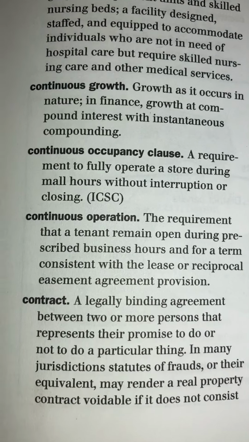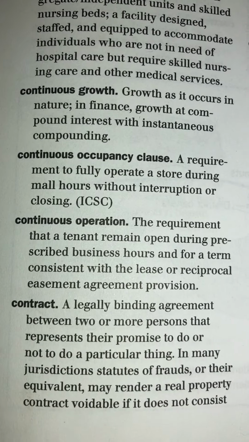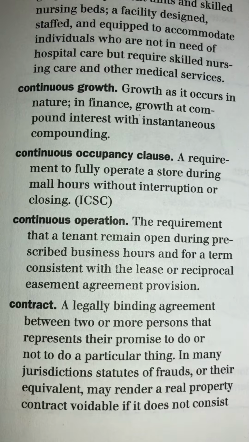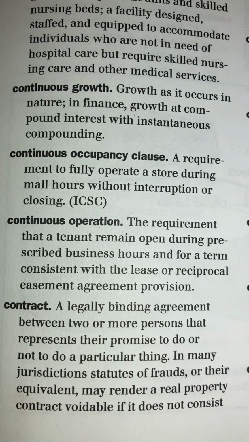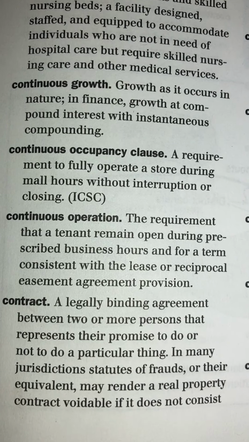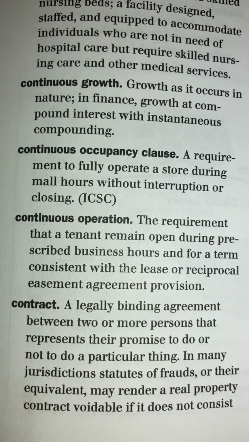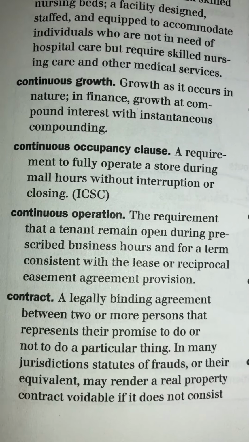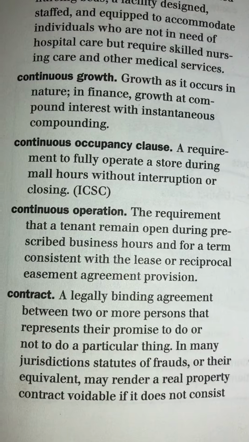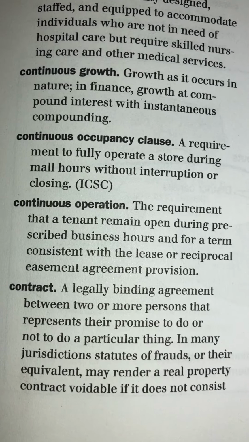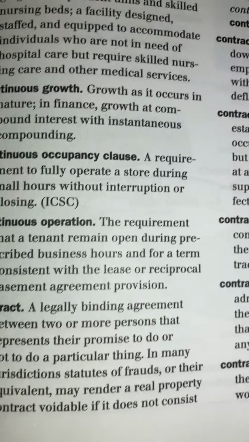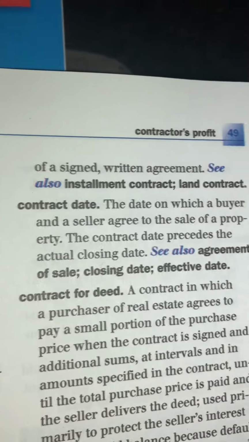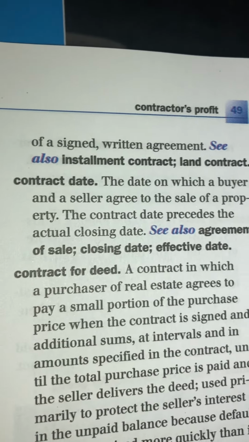Contract. A legally binding agreement between two or more persons that represents their promise to do or not to do a particular thing. In many jurisdictions, statutes of frauds or their equivalent may render a real property contract voidable if it does not consist of a signed written agreement.